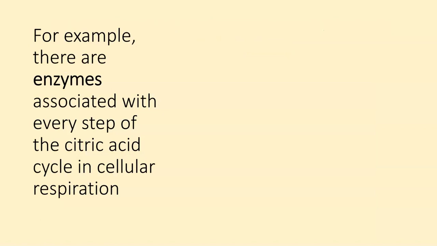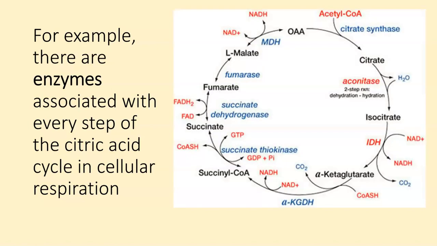I want to start, before I get into the more general types, with an example of where enzymes are important in a physiological process in an organism. This probably scary, intimidating diagram is the citric acid cycle that we'll study when we talk about cellular respiration very soon. Right now, I don't want you to panic about memorizing the diagram. In fact, you won't even have to for cellular respiration.